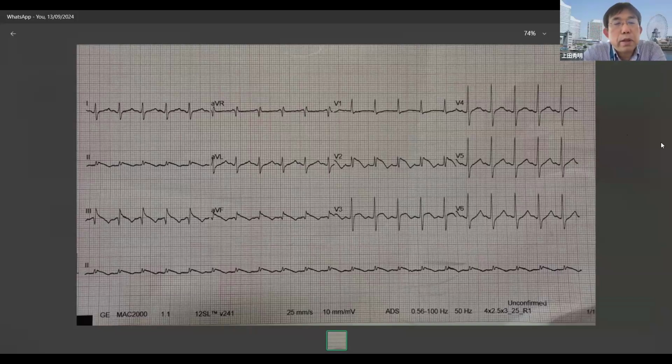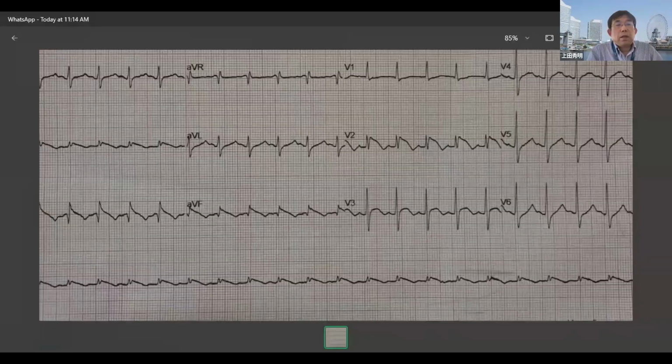Thank you very much for a very interesting case, because when I saw this ECG, V2 looked like a saddle pattern, which Brugada syndrome looks like. Can you show us V2 much larger? V2 is very typical for Brugada syndrome.